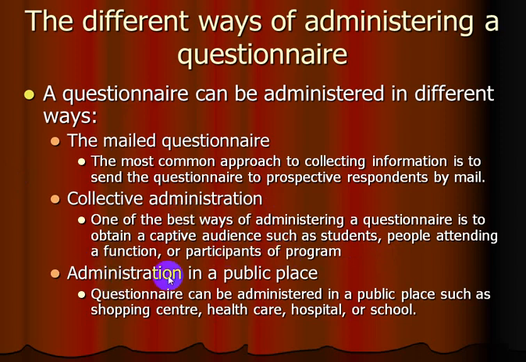And how about administration in a public place? A questionnaire can be administered in a public place, such as a shopping center, healthcare, hospital, or school. So you have to ask permission from that site, that setting. For example, for a hospital or shopping center, you can ask permission from the owner.